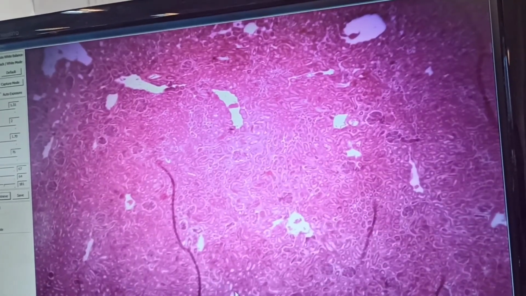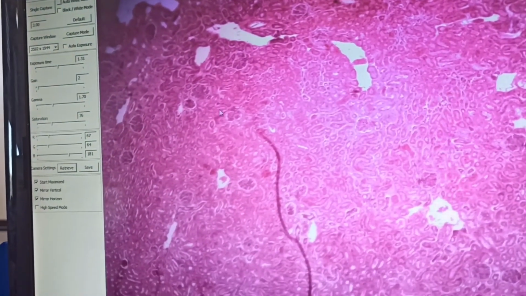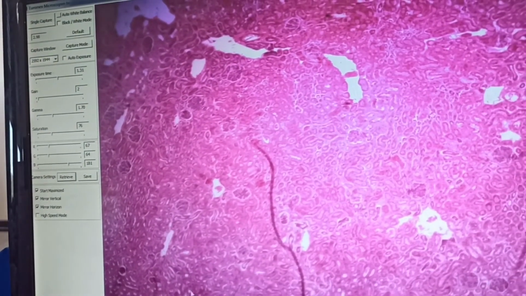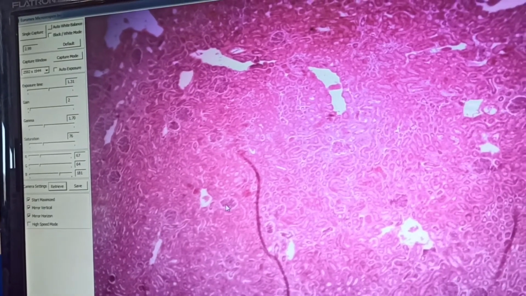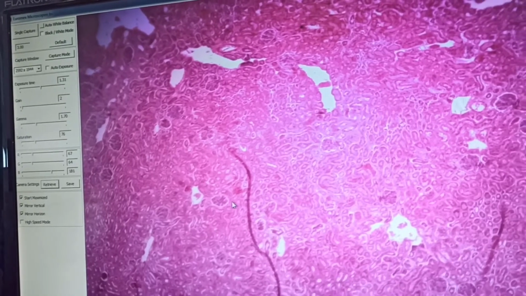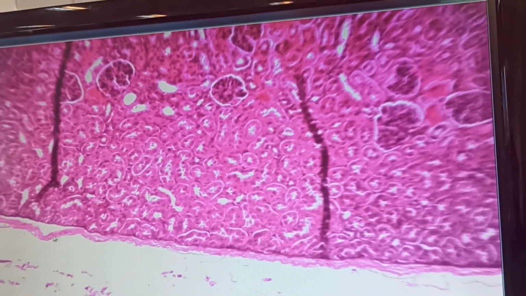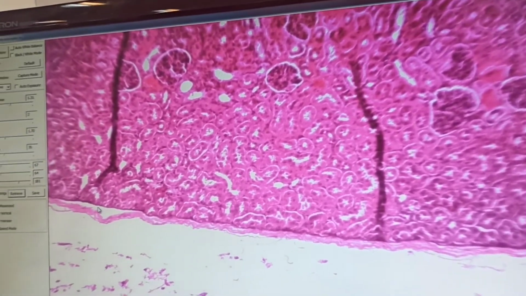In the cortex, we can see the renal corpuscles. You can see the round structures within the cortex. These are renal corpuscles, markers of the cortex. Okay? See the capsule and detachment of the capsule in this area.